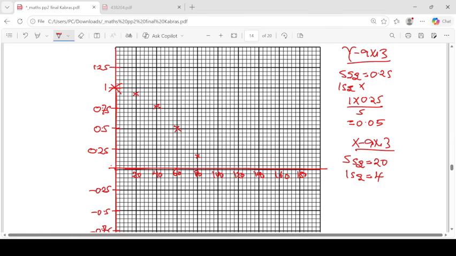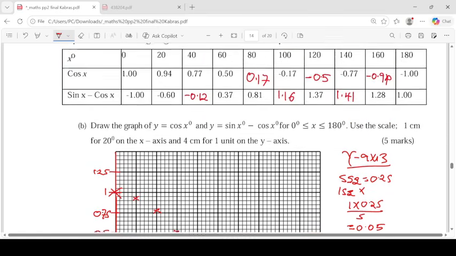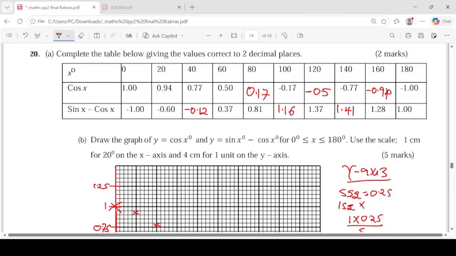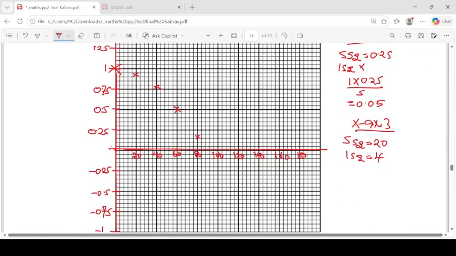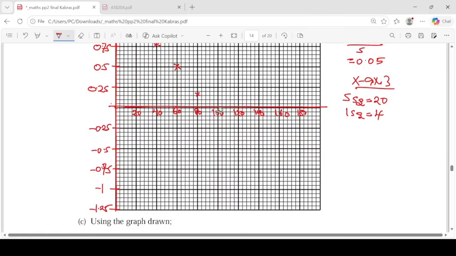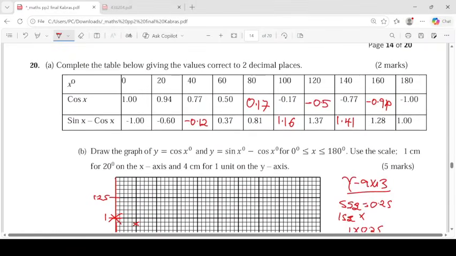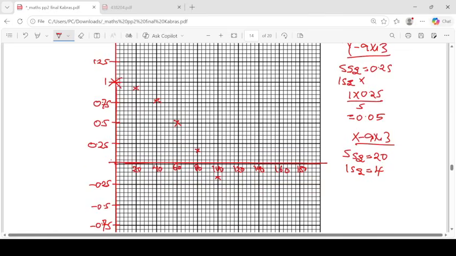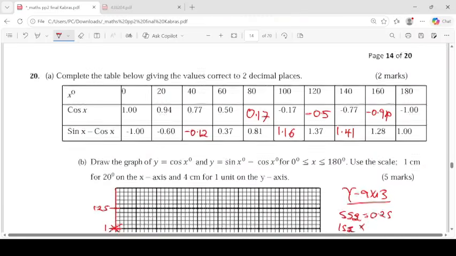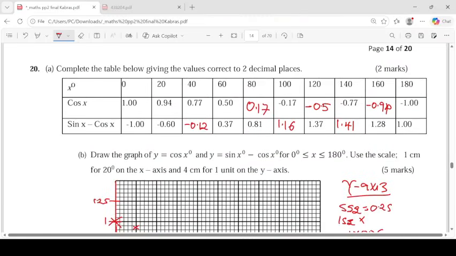Somewhere there. At 100, negative 0.17. So 1, 2, 3. Somewhere there. Then 120, negative 0.5. 120, negative 0.5 here. 140, negative 0.77 this time.